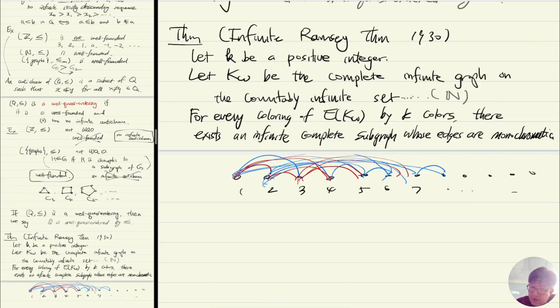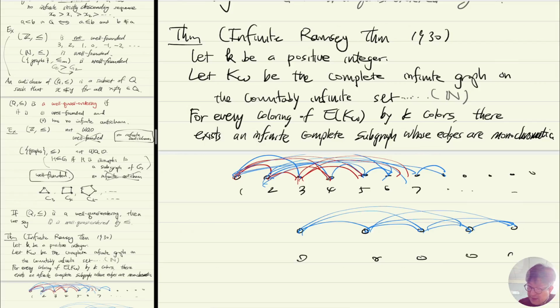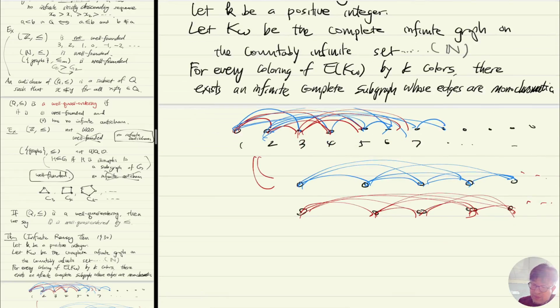No matter how I color all the edges, I can always find some subgraph where every edge is the same color like this, or like the other color. So that's the statement.